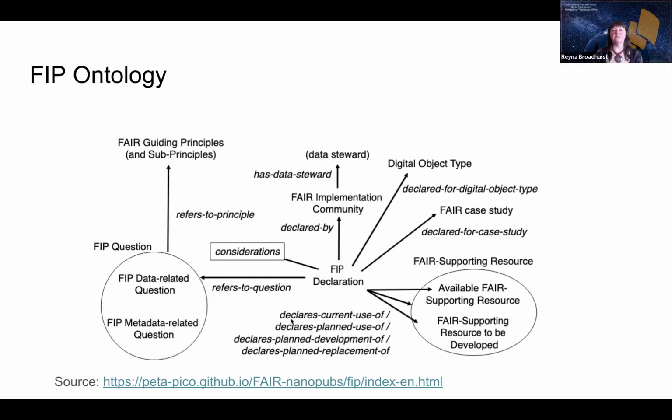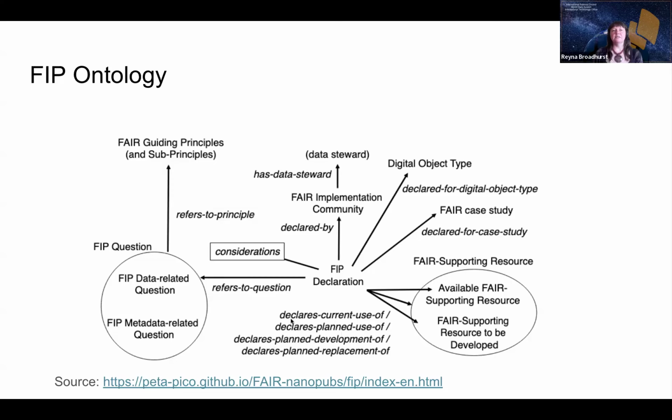Okay, I'll keep going here. This is a diagram of the different technical components of that FAIR implementation profile system. You'll see examples of this as we go. We just looked at this ontology in the previous slide, so there's the ontology that underlies this information.